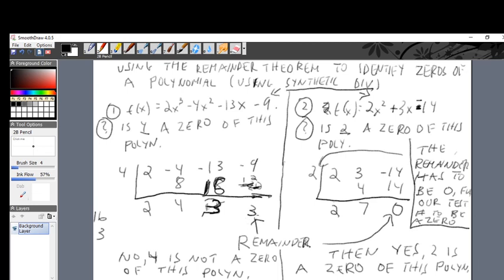And if it's not 0, therefore, no, 4 is not a 0 of this polynomial.